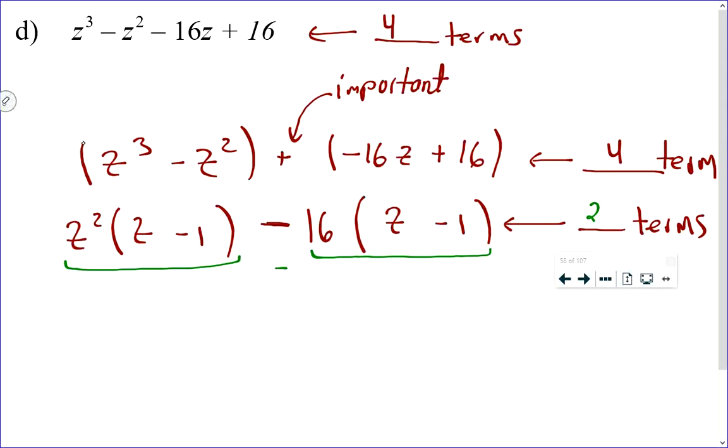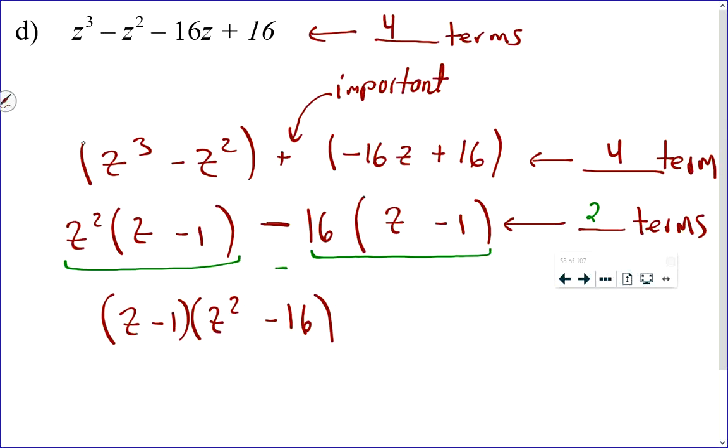And I'm aware that many students don't look at it this way. But if I factor out the z minus 1, I will have left z squared minus 16. How many of you, now that it's maybe coming back to you, how many of you would have written those two factors in the opposite order? Okay, and I think that might be how it's taught to you in grade 10 for some reason. But the order of those factors doesn't matter. So are we done?